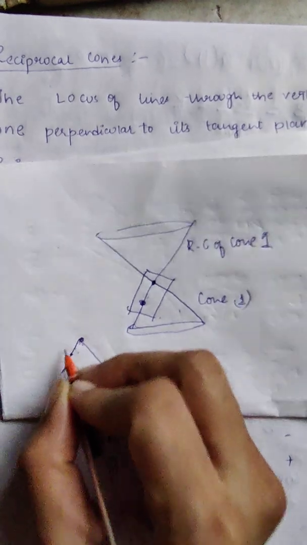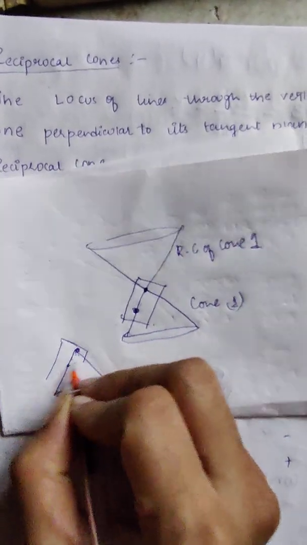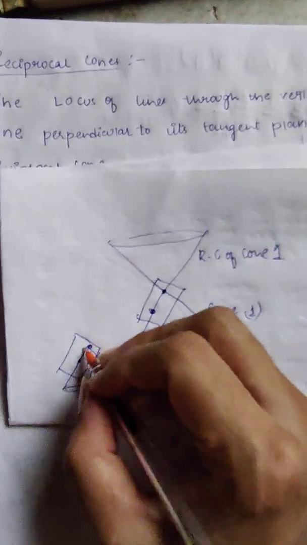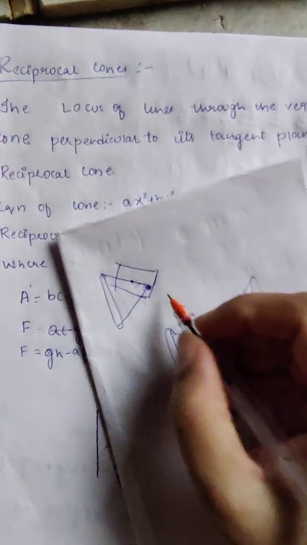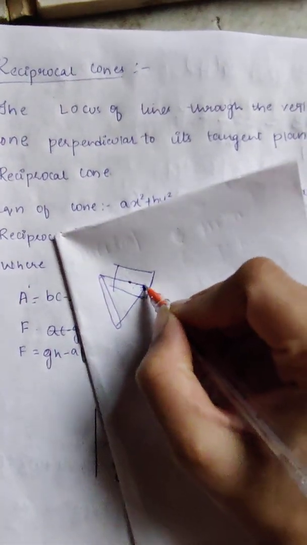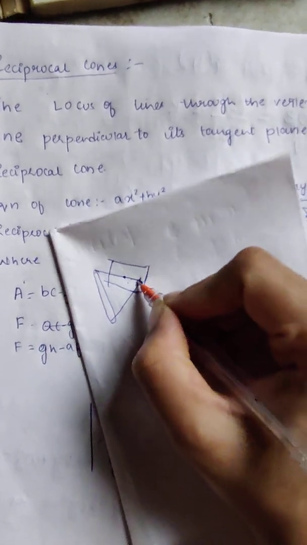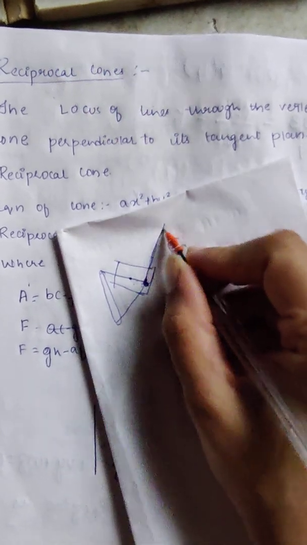So then again I'm going to draw a tangent plane on the generator and then I'm going to draw a fixed line. I'm going to draw a perpendicular from the vertex on the generator, and the perpendicular should be drawn in such a way that it passes through the vertex. So I got one more line.